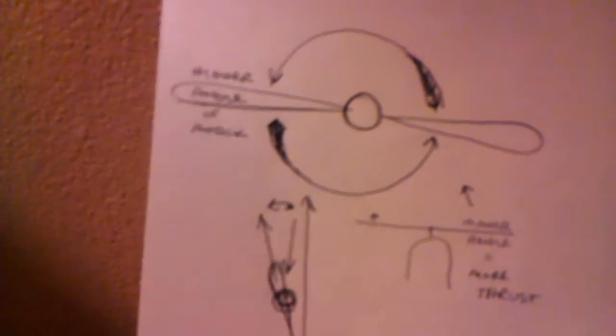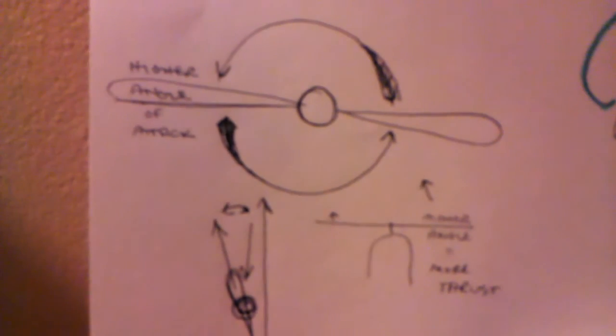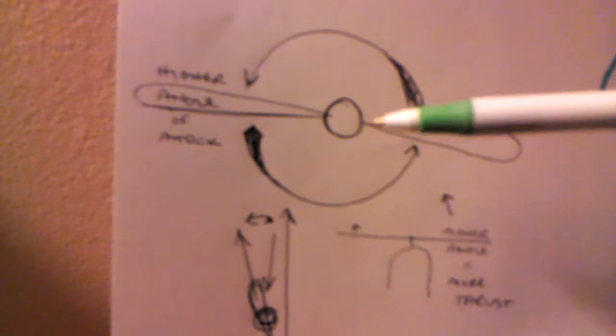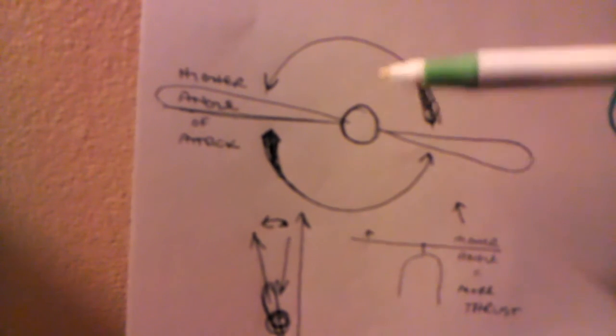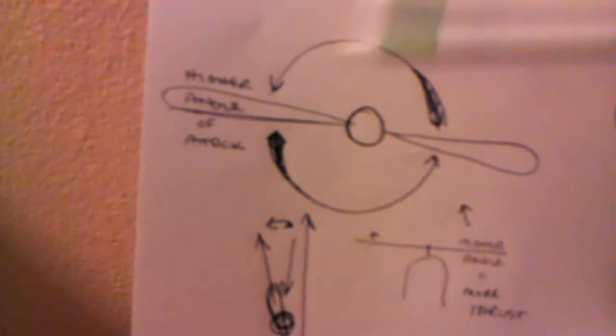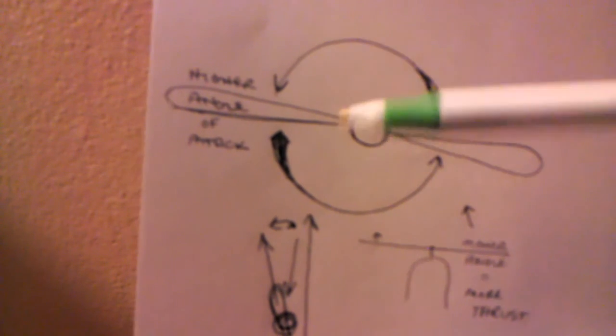So the first one we're going to look at is what's called P factor. We're looking at the outside of the airplane, looking at the airplane head on, and the propeller's turning like this. So we're standing on the outside looking at the front of the propeller. So it's turning this way.